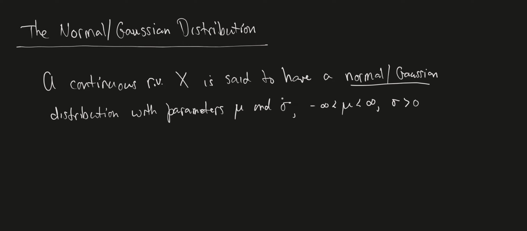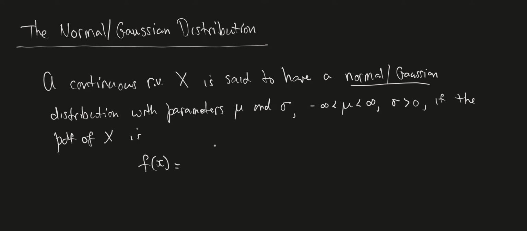So again, with these parameters, this is what the PDF looks like. It's said to have a normal or Gaussian distribution if the PDF of x is this thing. So it's quite the monster.